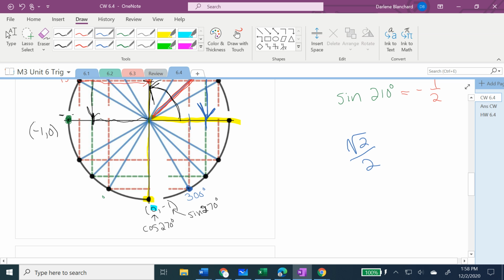So with 300 degrees, you look at what is the x-coordinate, especially compared to the other ones. It's the first of these dashed lines. So it's 1 over 2. And because it's on the positive x-axis, it's a positive number.